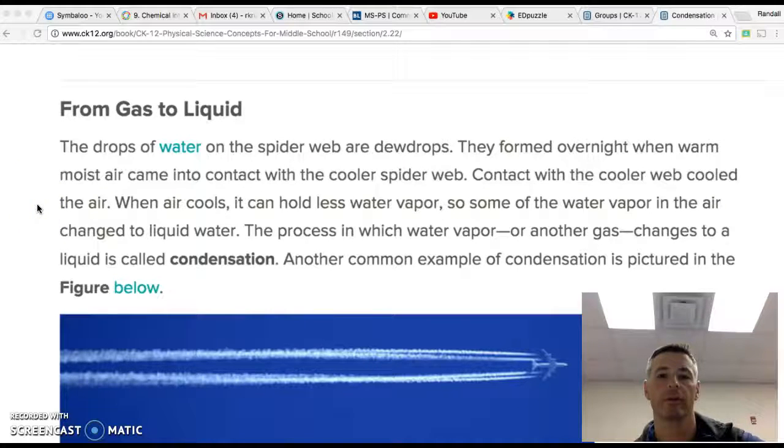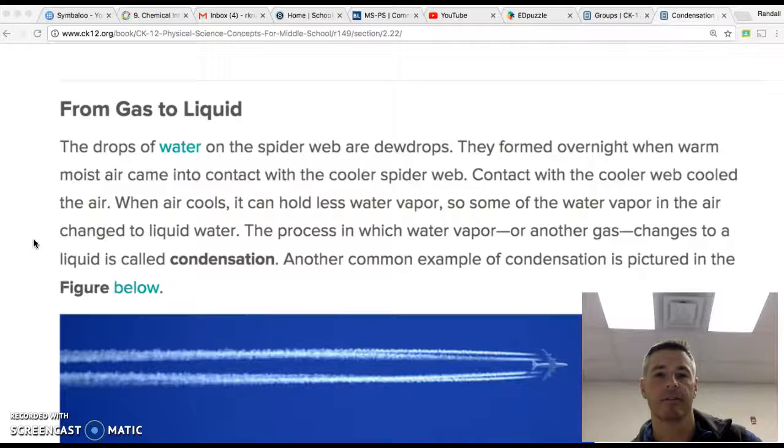When air cools, it can hold less water vapor. So what that means is when you have cold air, it holds less water vapor, which is gas. So there's less water in the air. So some of the water vapor in the air changed to liquid water.